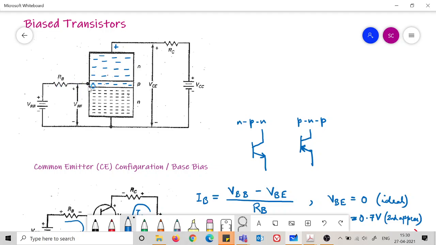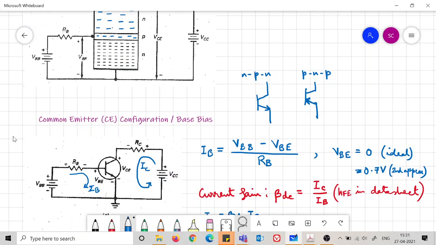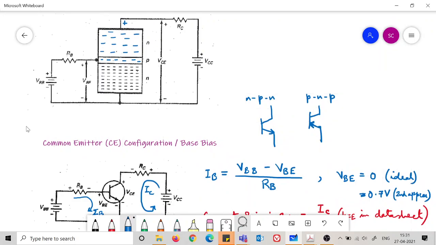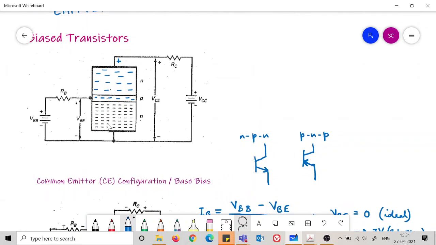But even then, to limit that flow also, we put this RB very high, so that most of the majority carriers are passing through the collector. The reason why this is called emitter is because it is emitting the majority carriers and this is collecting the majority carriers.